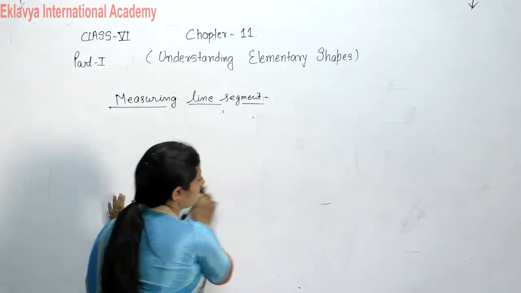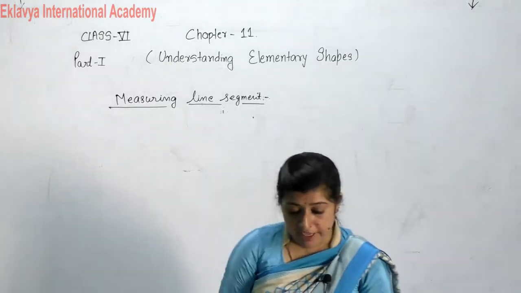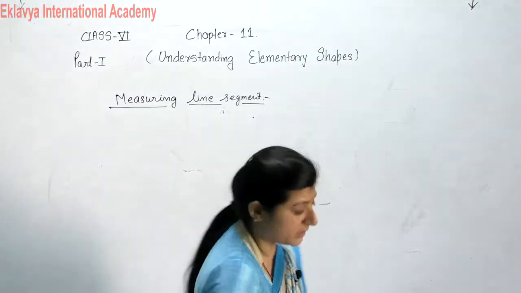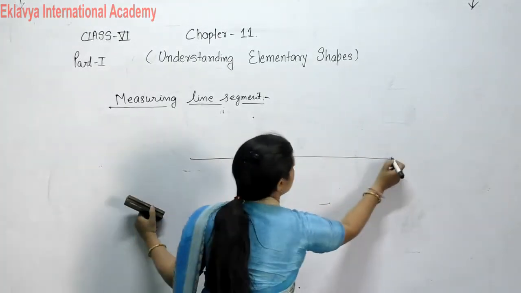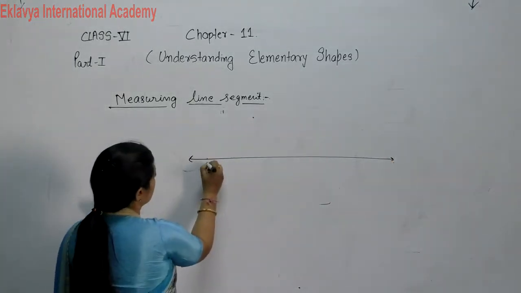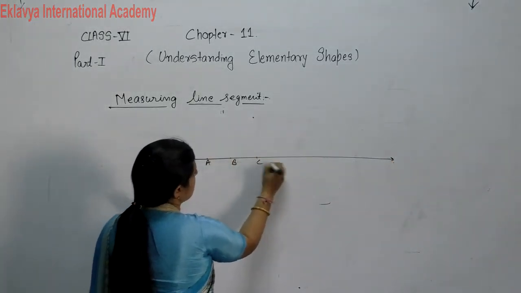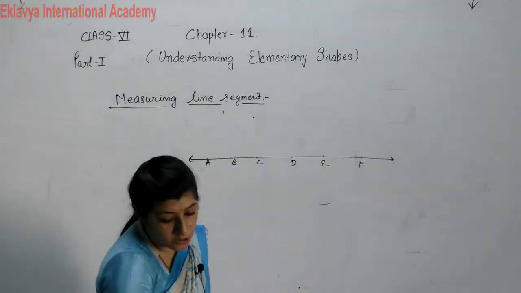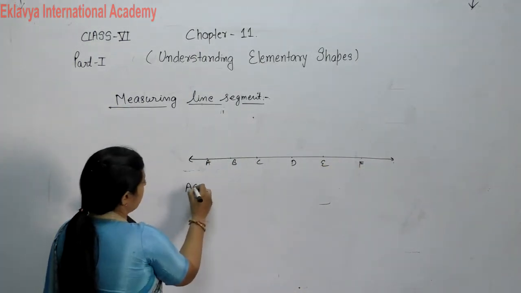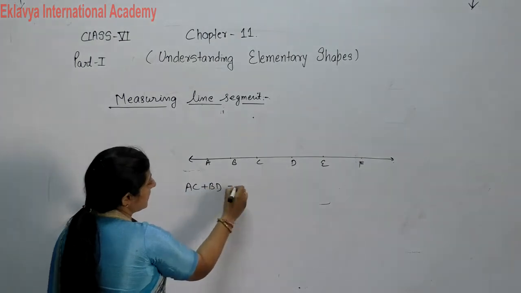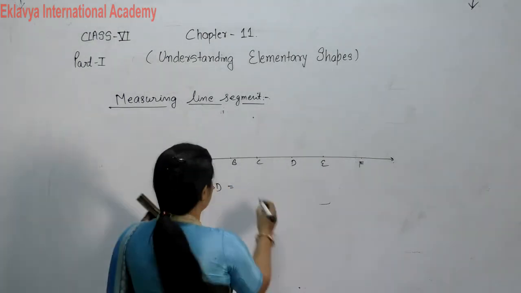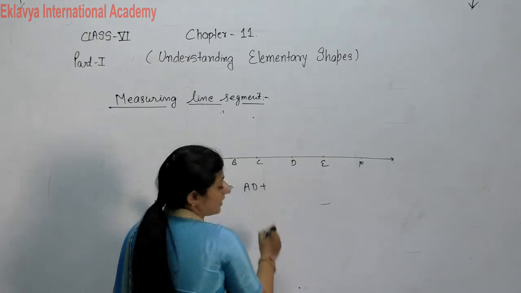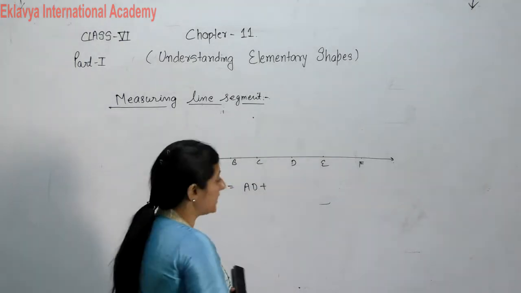Now see, your next question: verify by measurement the following. A, B, C, D, E, F. And your question is given to you: AC plus BD is equal to AD plus BC.